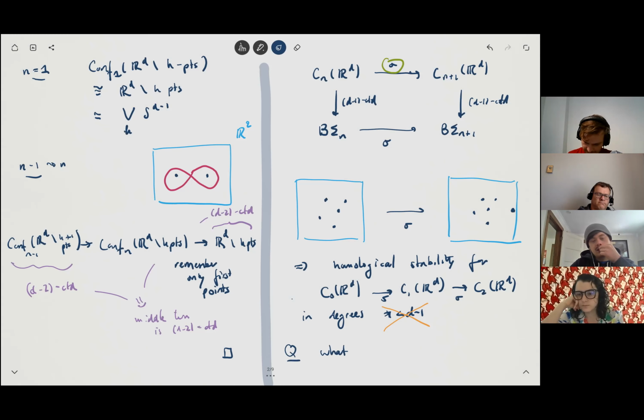What about the configuration space of ordered particles in Euclidean space? Do these also satisfy homological stability?